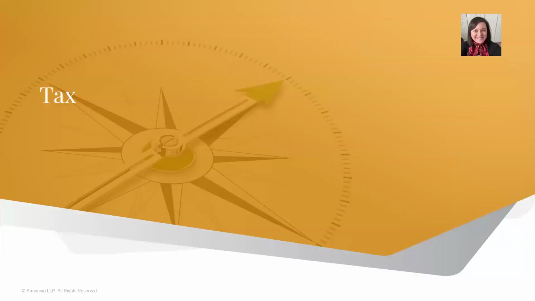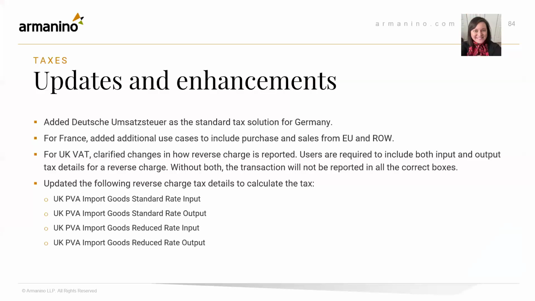All right. In the world of tax, some updates and enhancements. So I won't attempt to read that out, but there's a new standard tax solution for Germany. And for France, they've added additional use cases to include purchase and sales from EU and ROW. In the UK, for VAT, clarified changes and how reverse charge is reported.